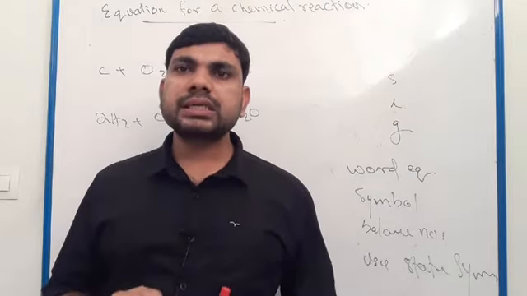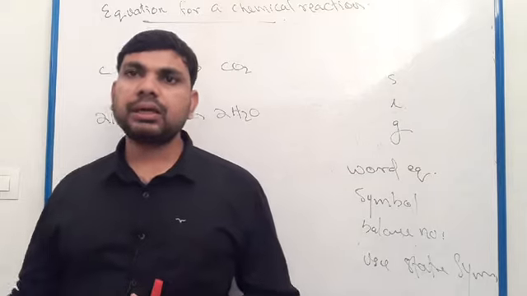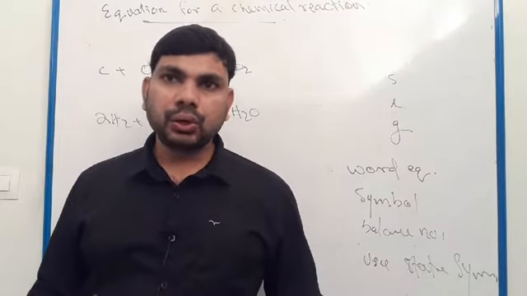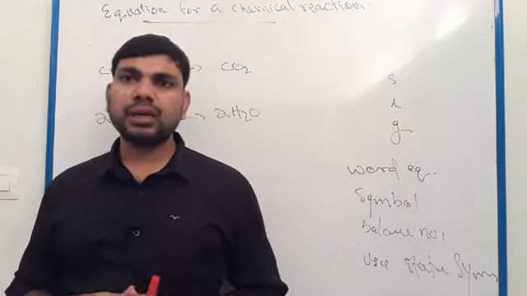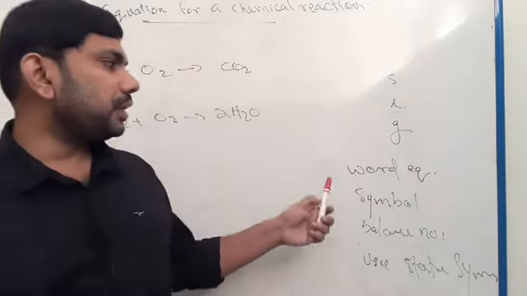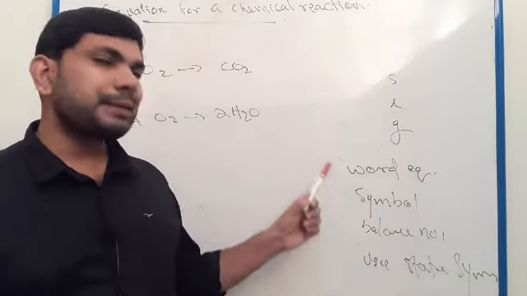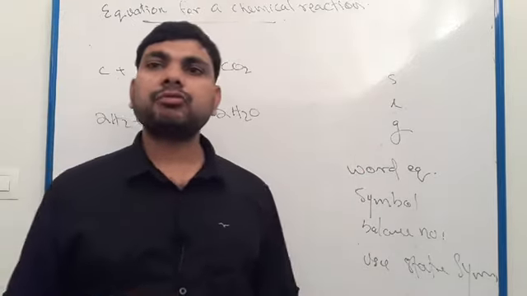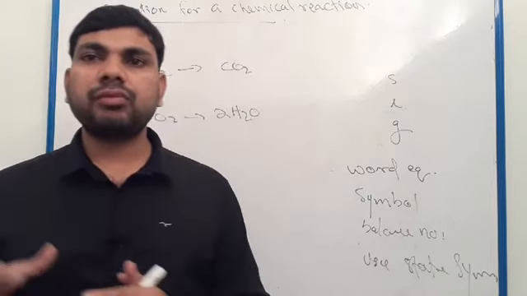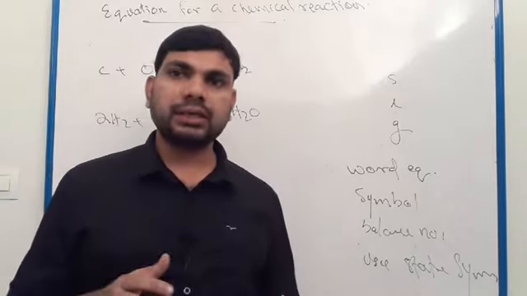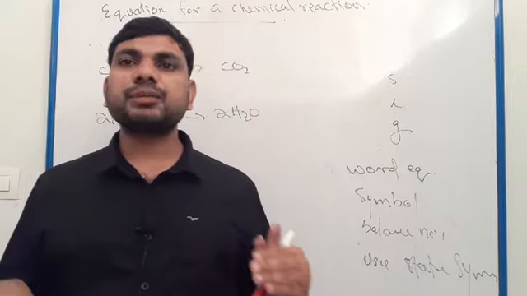So here we are discussing how to make a formula. We discussed 3 steps to make the formula of a chemical equation, chemical reaction. There is one more step. First we write the word equation, then the symbol equation, then we balance the number of atoms in the reactant side and product side.